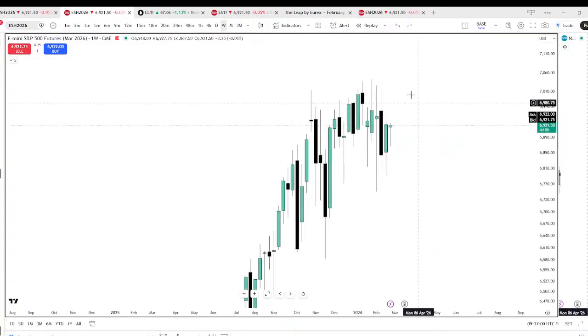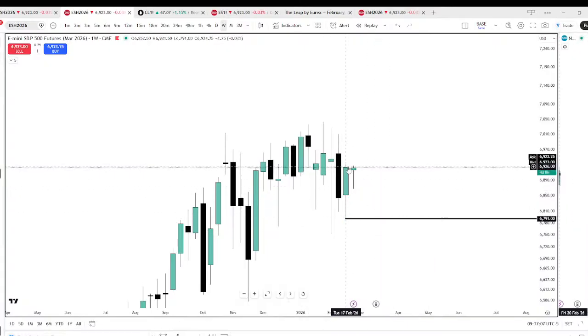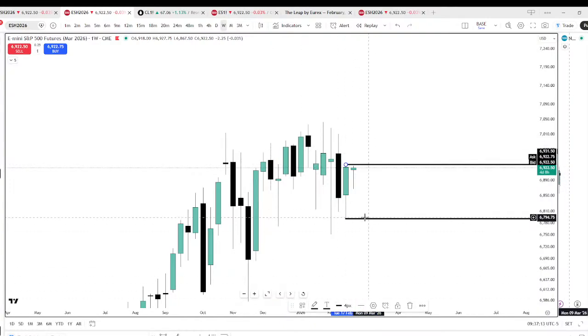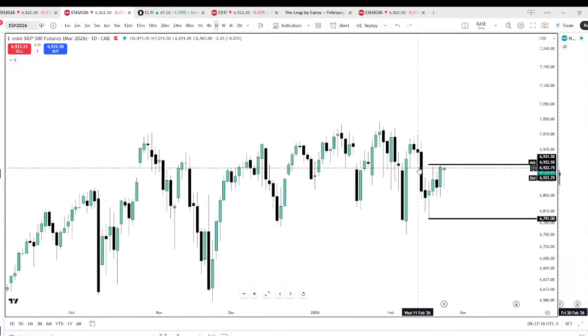On a weekly, not a lot going on here, but we're going to make sure that we can see last week's weekly high and low. Keep it down at a 4 point.